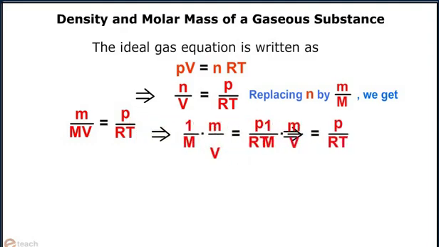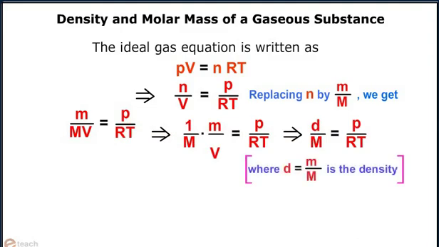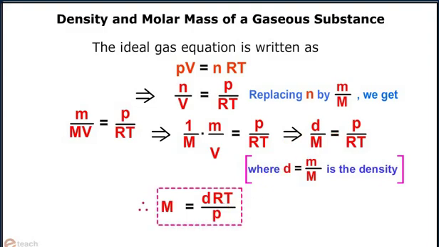This implies 1 by capital M into m by V equals P by RT, which gives d by capital M equals P by RT, where d equals m by V, the density. Therefore, capital M equals dRT by P.